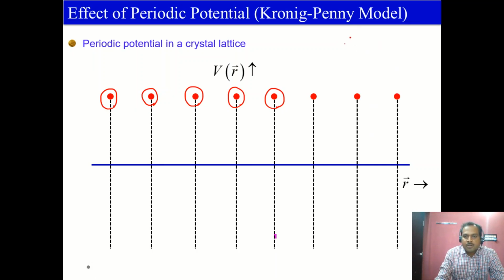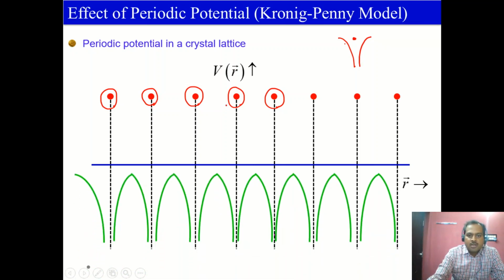Around the nucleus we have such a Coulombic potential, and if the nuclei are arranged in a periodic manner, this is how the net potential will appear, and inside this the electron wave is moving. So this is the electron wave.